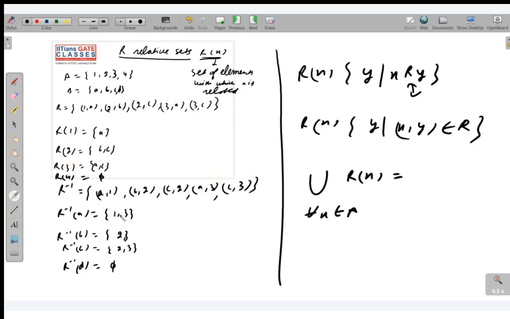That is nothing but the range. So we will get the range of R. Are you getting it? Sir. Similarly, if I say the union over all x belonging to B of R inverse of x, what will we get? From here I will get the domain of R.